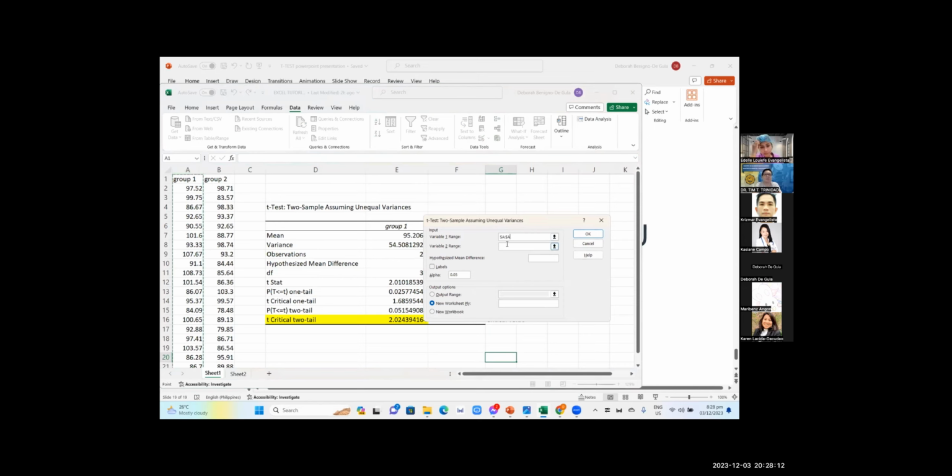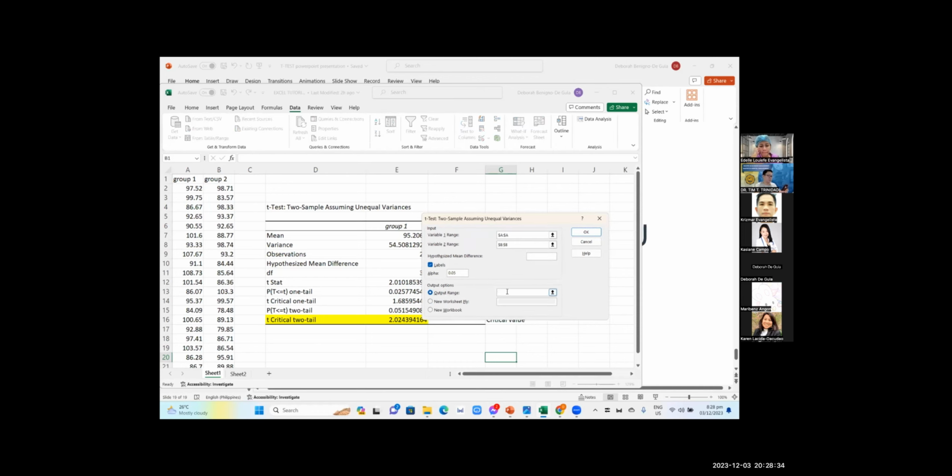And then we click variable 2 range, and then we click on the second data. Then we click the labels, since it has a label there. And then we click on the output range.